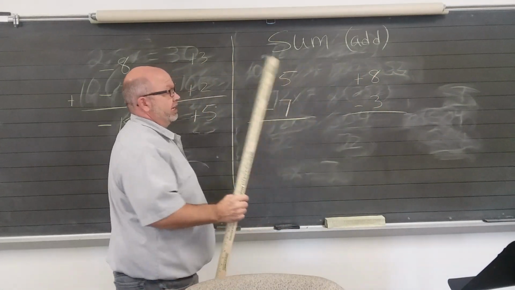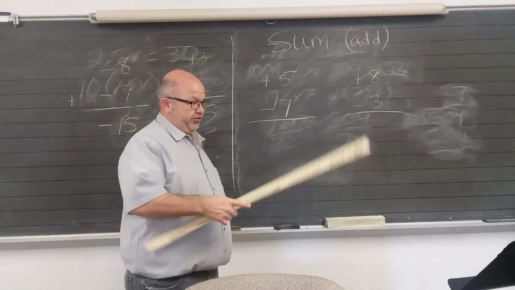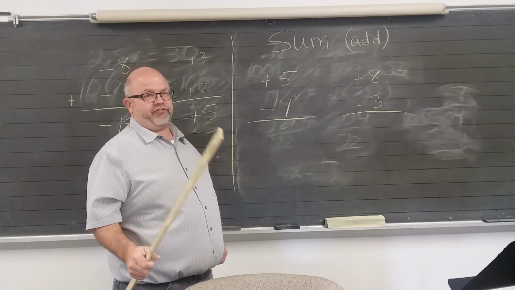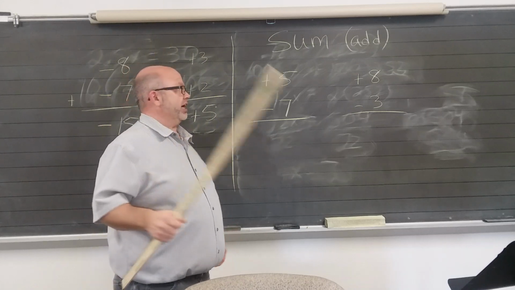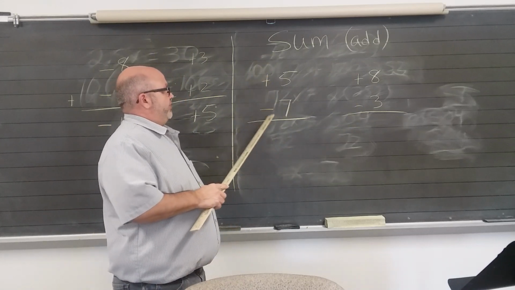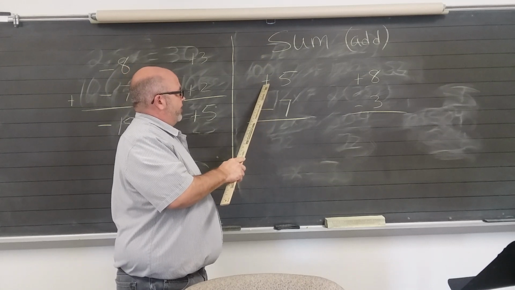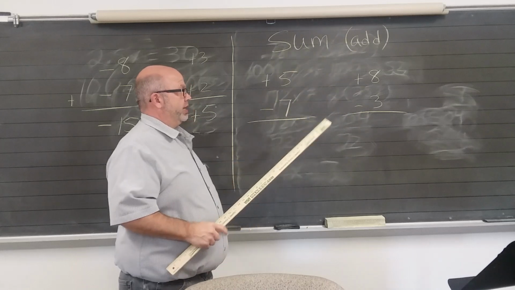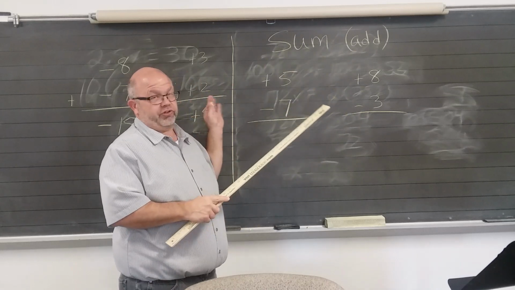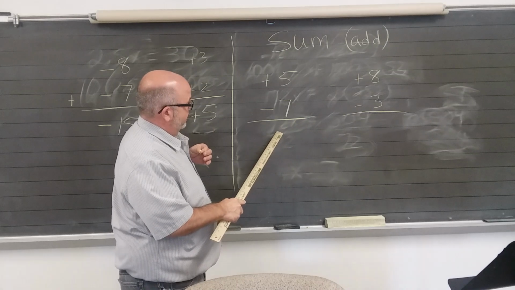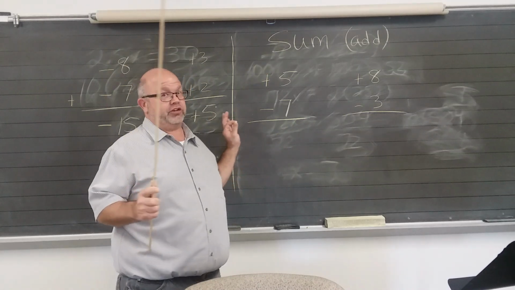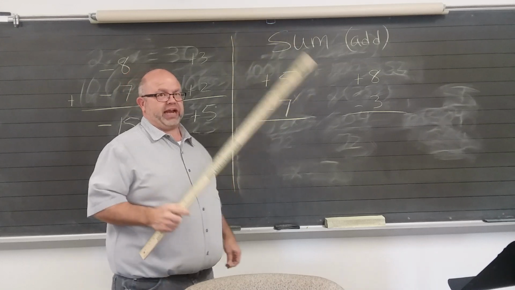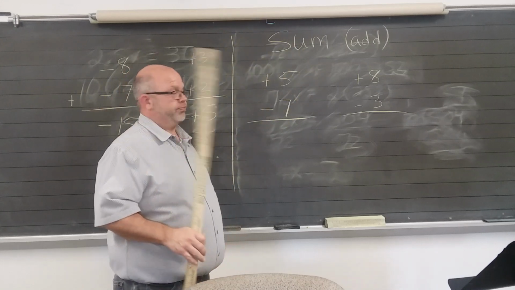Now listen to me carefully. Okay, these directions are in 138, so go back to 138 if you're not sure. If, and I mentioned this in one of your lessons previous, if the signs are different, so you have a positive 5 and a negative 7, you have a positive 8 and a negative 3, okay, and that can be switched around, it makes no difference. You can have the positive 5 on the bottom and the negative 7, it makes absolutely no difference how you do this. If the signs are different, subtract the absolute value.